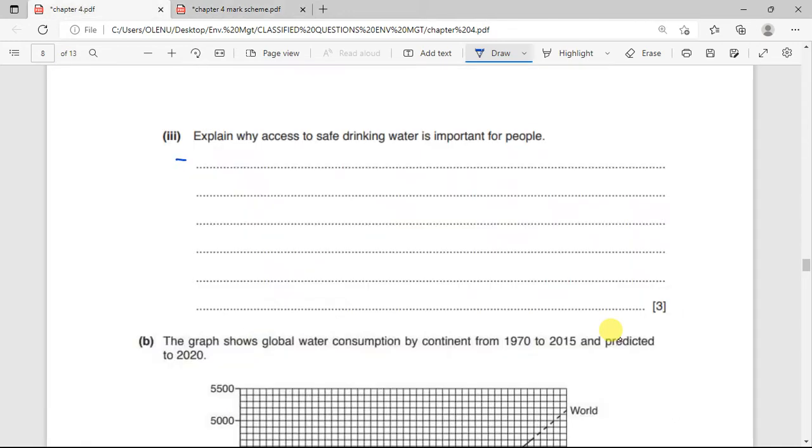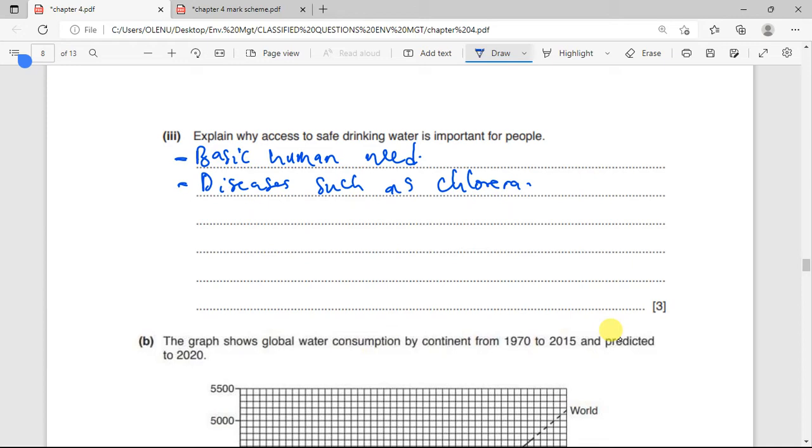So simple. First, they said it's a basic human need. But you see, you can use a multiplier factor here to get the full answer. Lack of access to safe drinking water causes diseases, such as cholera. Now you use the multiplier factor.